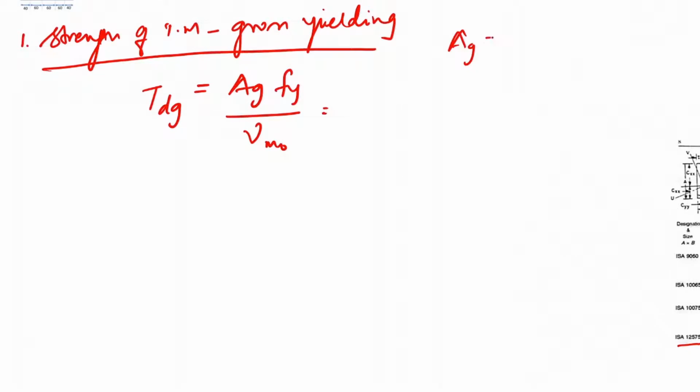Gross area of ISA 125 by 75 by 10 mm is 19.02 centimeter square. We know 1 centimeter is 10 mm, so if you want to convert 19.02 cm square to mm square, it is 1902 mm square. Let's substitute in the equation.